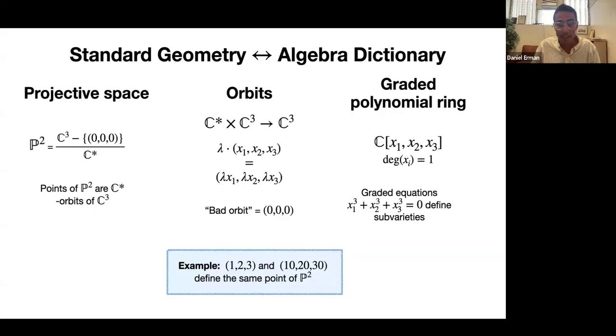And so you can use it to analyze subvarieties of the corresponding orbit space or quotient space, which is P2. Of course, there's a bad orbit that we have to remove, the origin here, if you want this quotient to work. But by and large, this is probably familiar to people. The standard graded polynomial ring and algebraic properties of it correspond to geometry of a projective space.